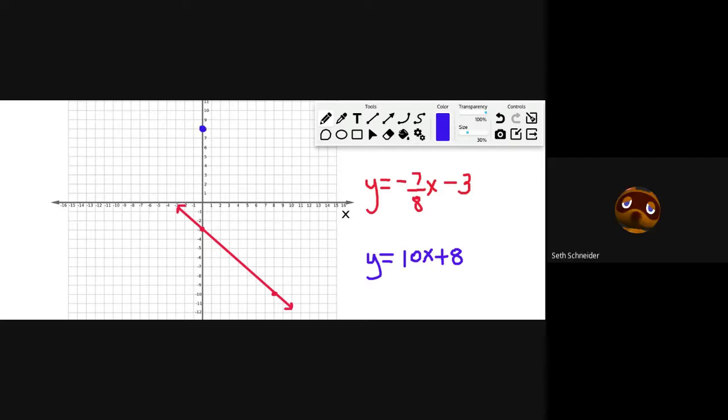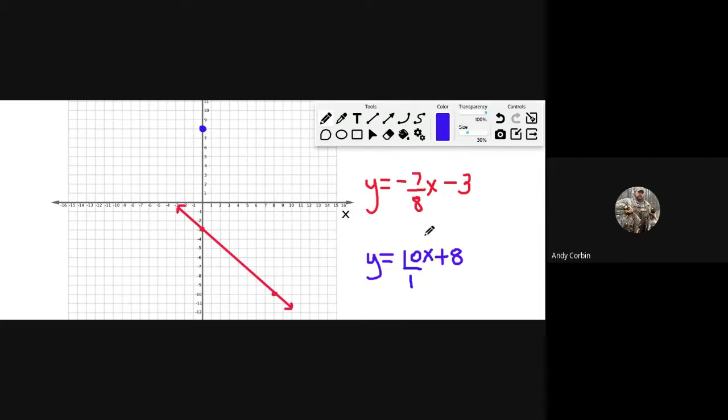You're going to use the slope and go up 10 and then over 1. Okay, you're exactly right. But let me show you a little trick here. If I try to go up 10 over 1, I'm going to run off my graph. Sometimes on your paper, it'll go off your graph or your graph's too small.